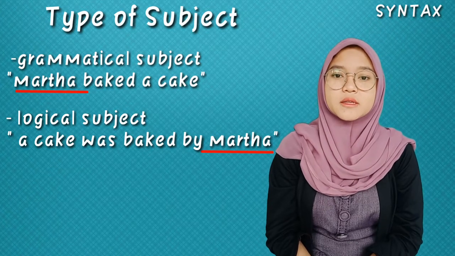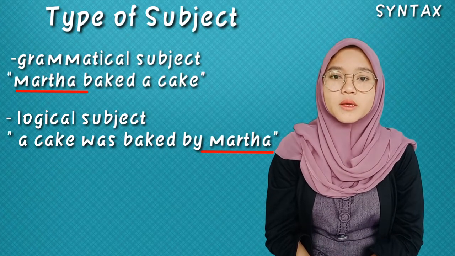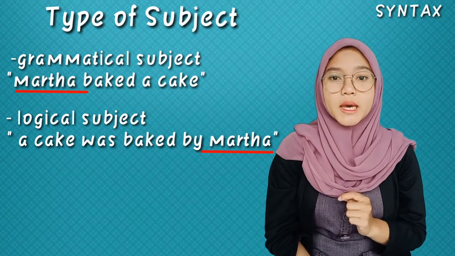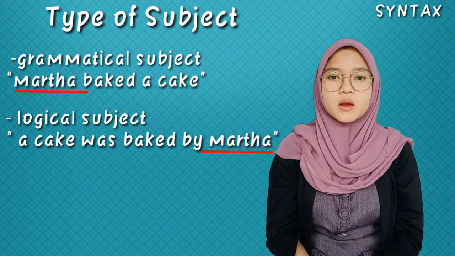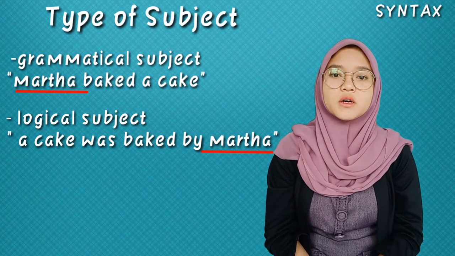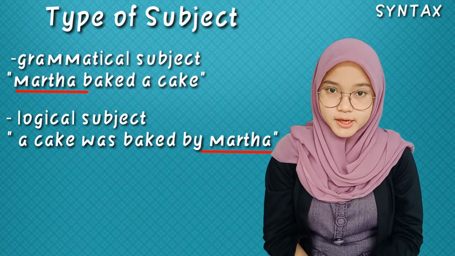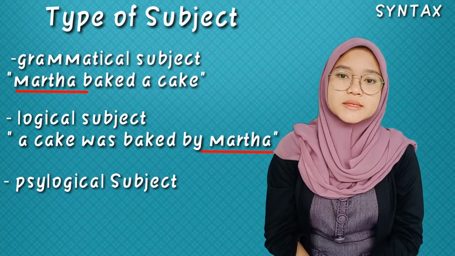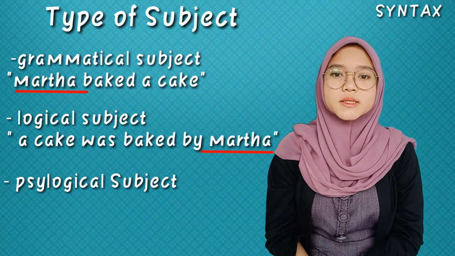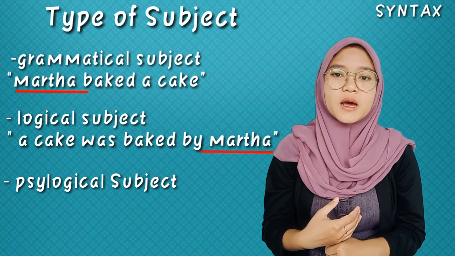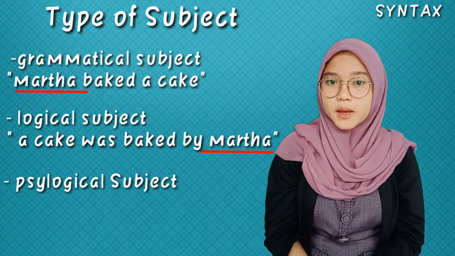Martha is the logical subject because it performed the action. And the last type of subject is the psychological subject. It is the theme, the entity we are talking about.